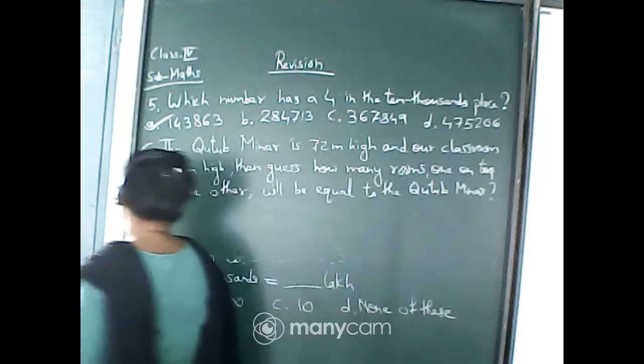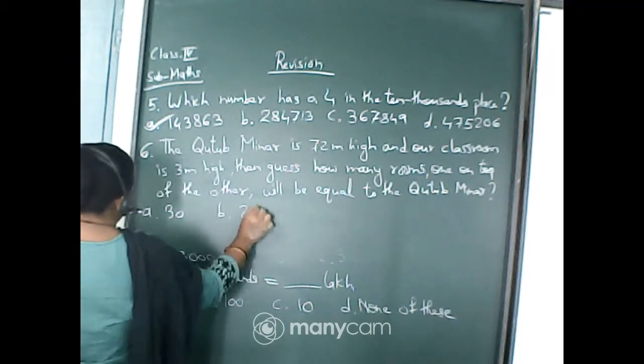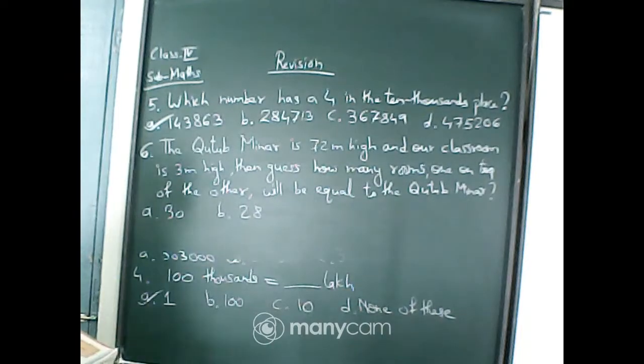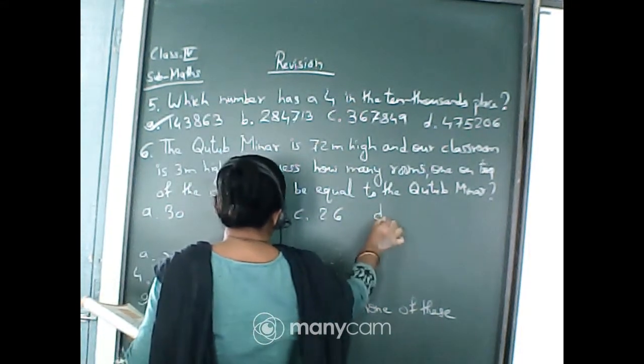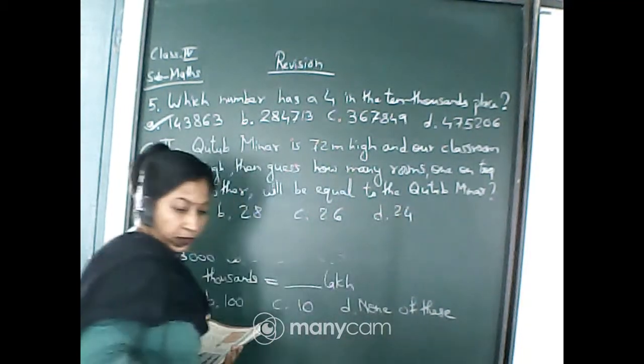And the options are 30 rooms, 28 rooms, 26 rooms, or 24 rooms?